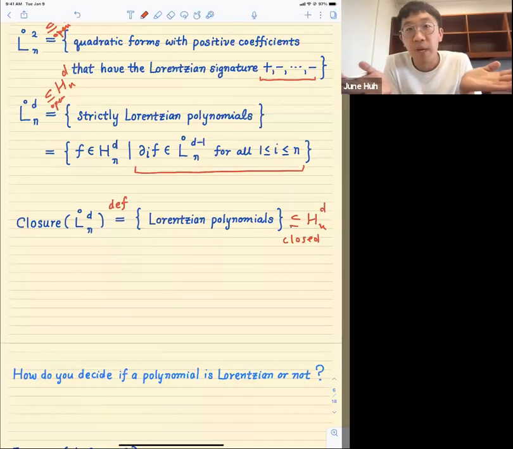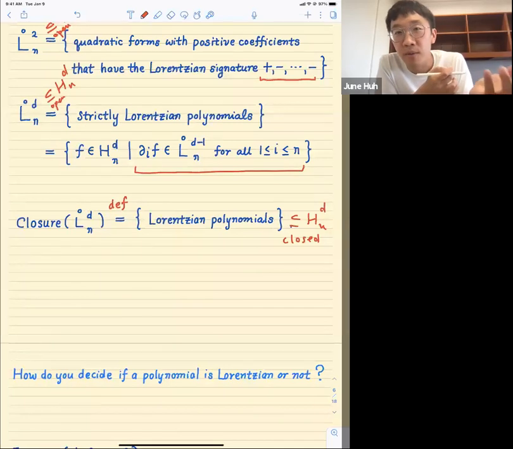I mean, by hard, even if you are allowed to, maybe you're given a 5-variable polynomial in degree 4, and you are allowed to use maybe Wolfram Alpha or supercomputers at your disposal, and you type some command, how do you check whether the polynomial is Lorentzian or not?